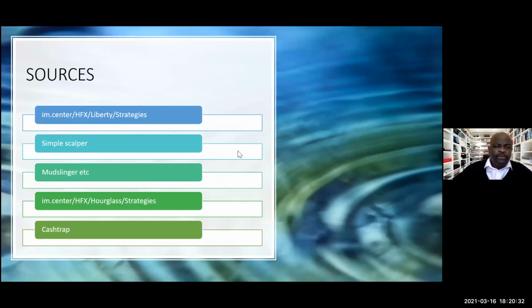For those of you who have signed up for HFX, this is where you get to those strategies. You go to IM Center, then HFX, then Liberty, then strategies.